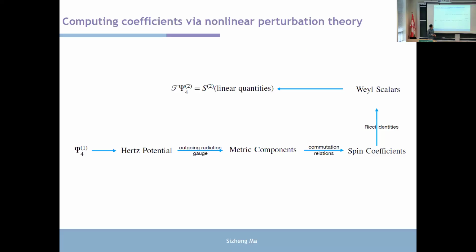Then using the commutation relations and Ricci identities, we can build the quantities in the Newman-Penrose formalism. Then with all those established variables, we can extract the full source term for the second-order Teukolsky equation. And finally, we just solve this equation to obtain those coupling coefficients.